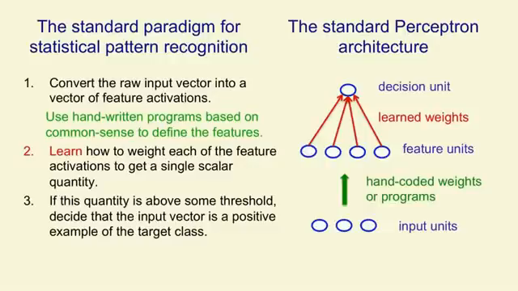They might be converted by things that look a bit like neurons, but that stage of the system does not learn. Once you've got the activities of the features, you then learn some weights so that you can take the feature activities times the weights, and you decide whether or not it's an example of the class you're interested in by seeing whether that sum of feature activities times learned weights is greater than a threshold.